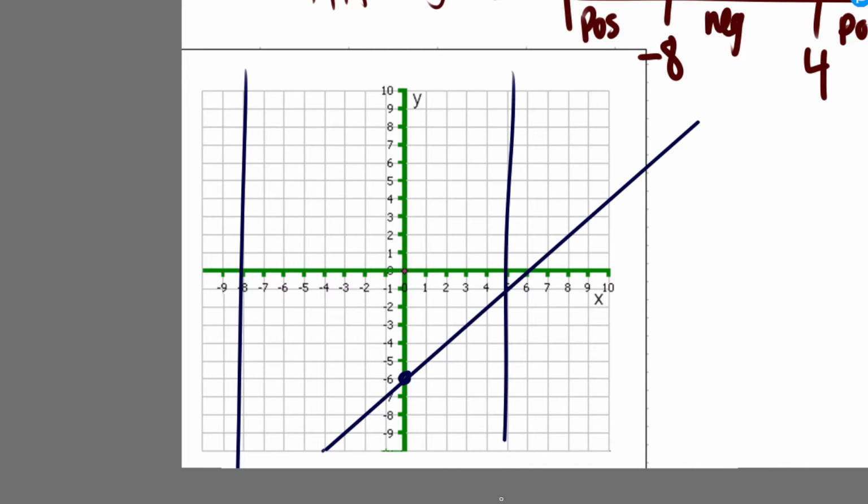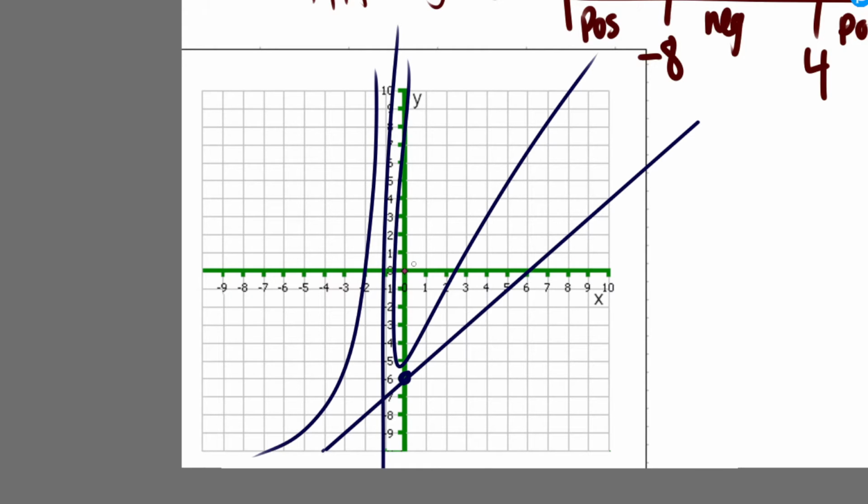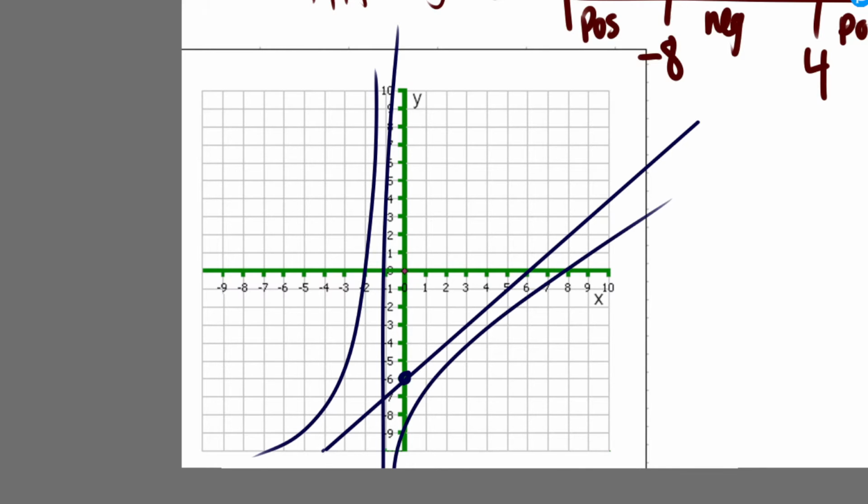And your graph will look something like this typically. Hold on, let me think of a way to graph. Yeah, it will look something sort of like that. It's a little bit harder to test for points on that.